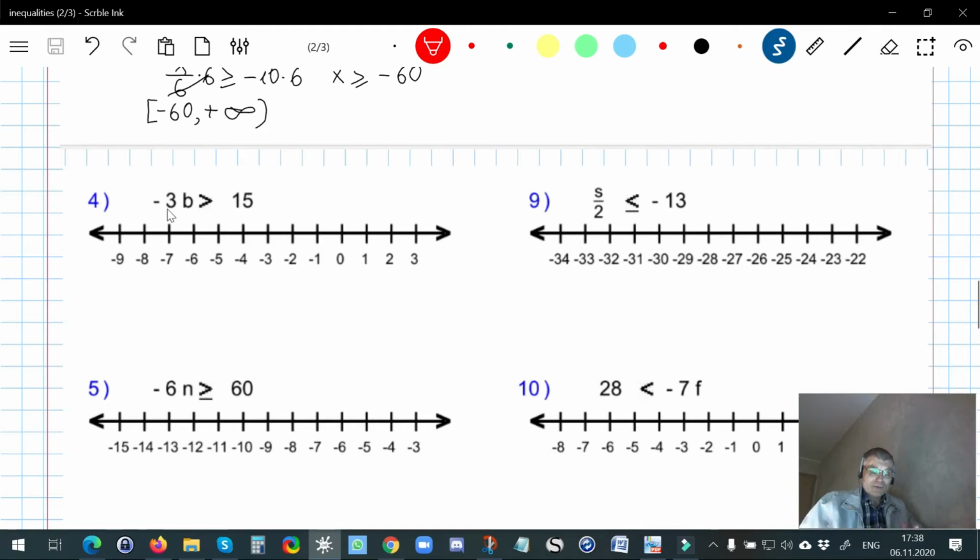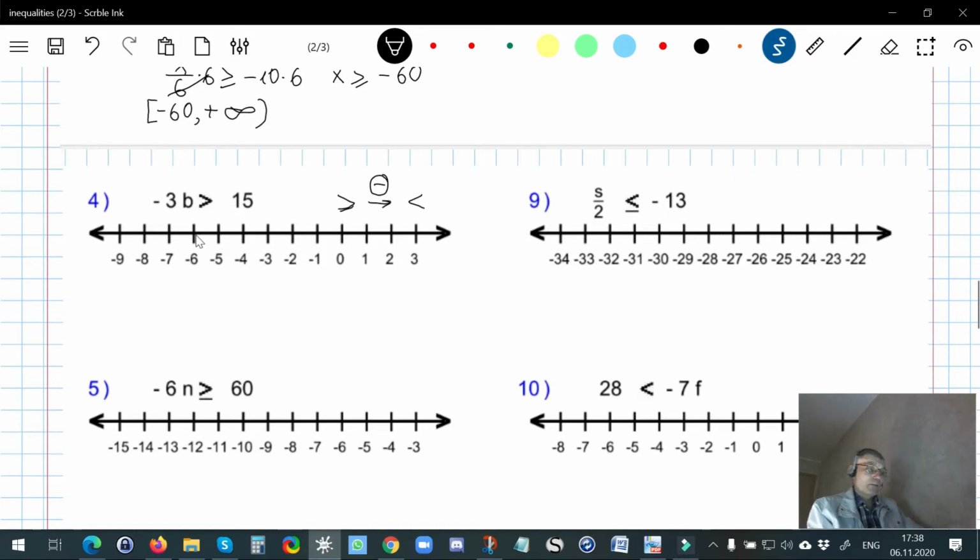When I do this, I change the direction of my inequality sign.